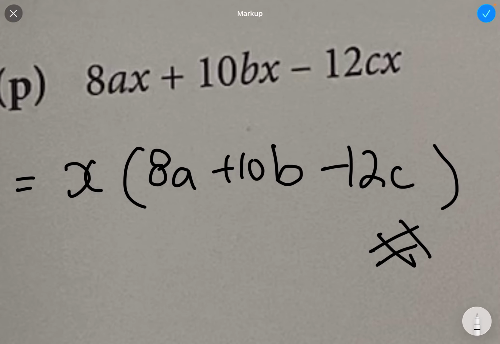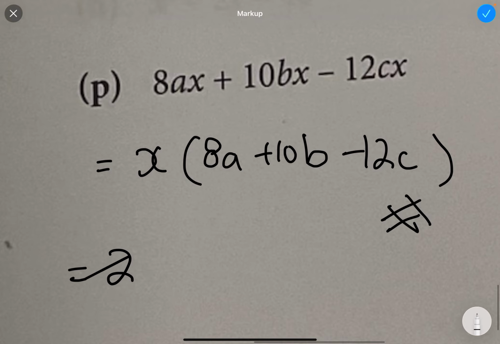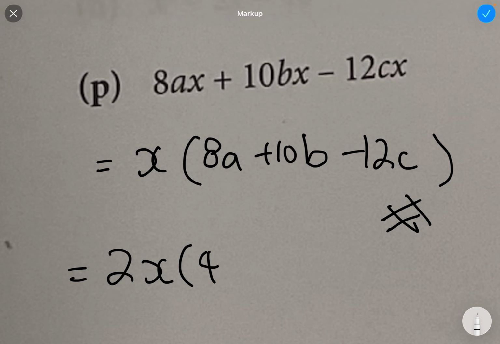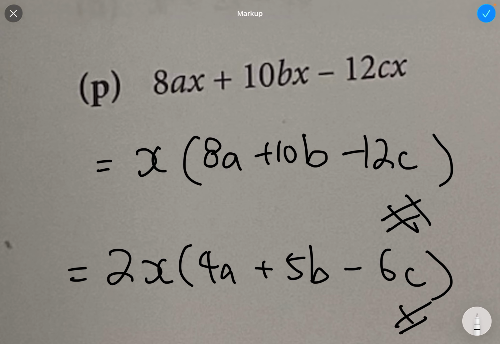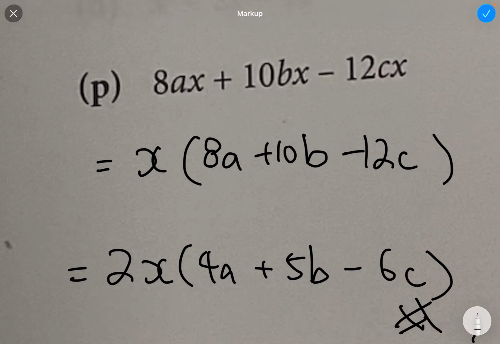So x is also common. Okay? So we could actually take out 2 and x. Then I will have 4a plus 5b minus 6c. Okay? This one cannot. Must further factorize the 2 out.